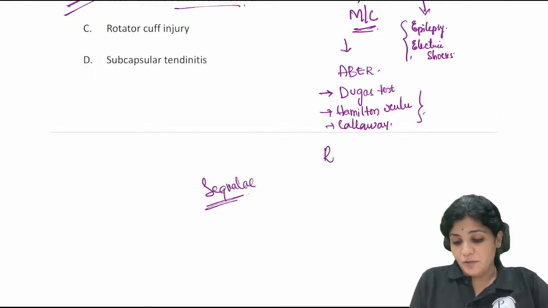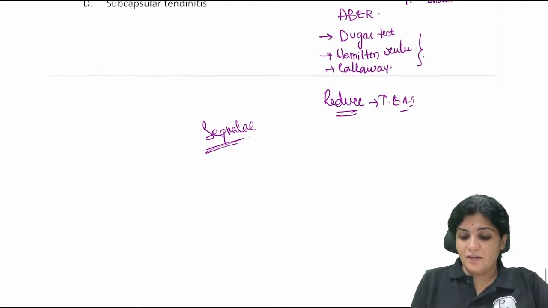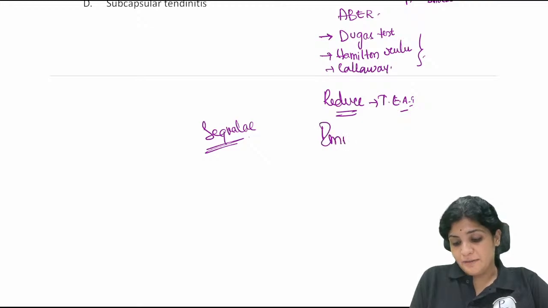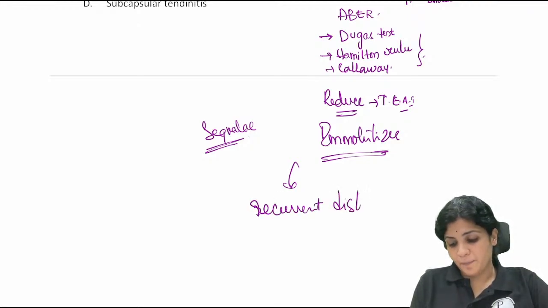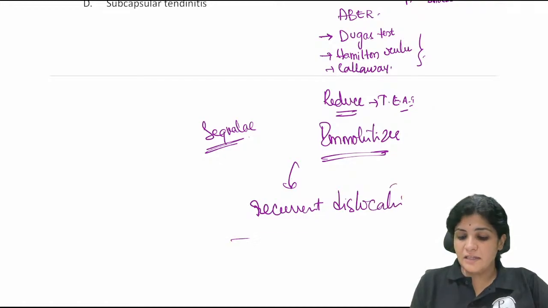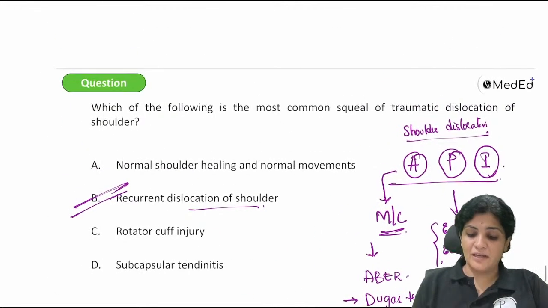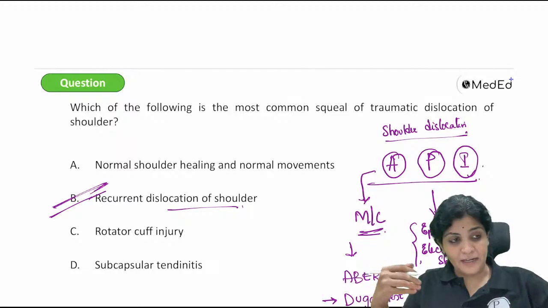Once you reduce it, you immobilize it. And this patient is always at a risk for recurrent dislocation, right? So that is the thing which you have to explain to the patient. So there is always a sequelae of this traumatic dislocation.